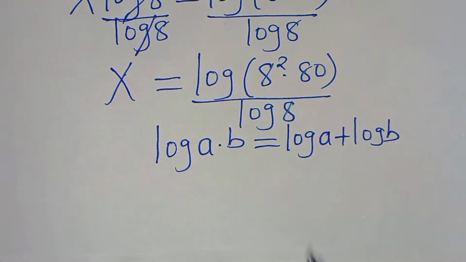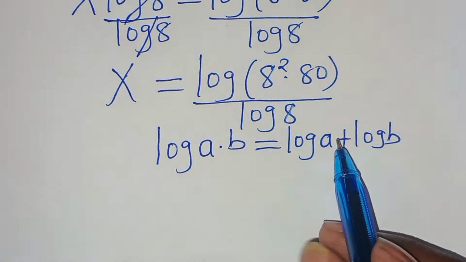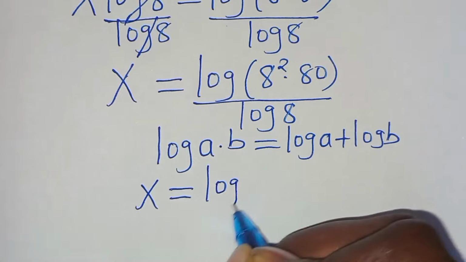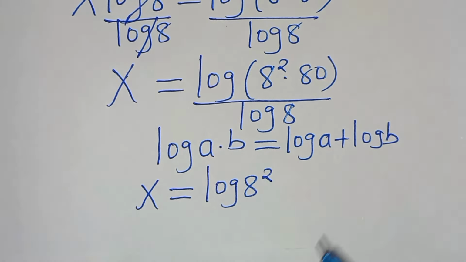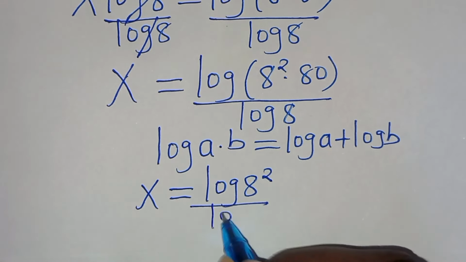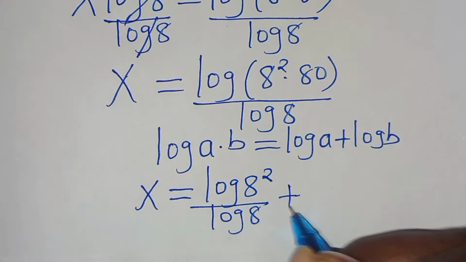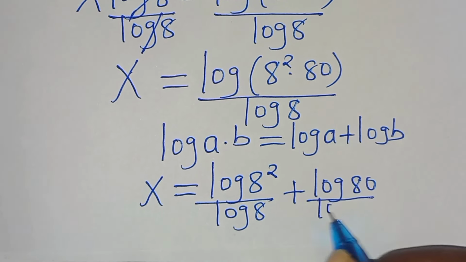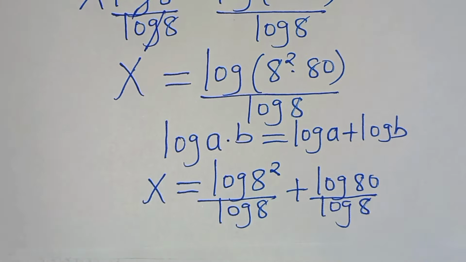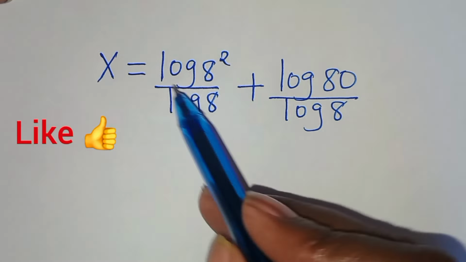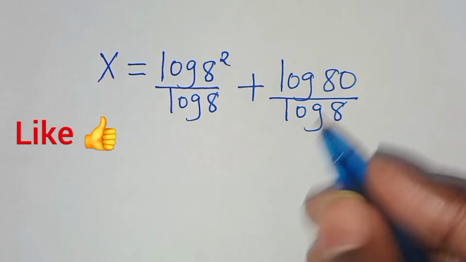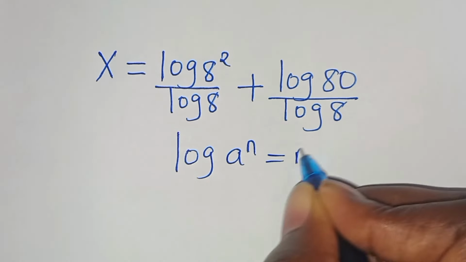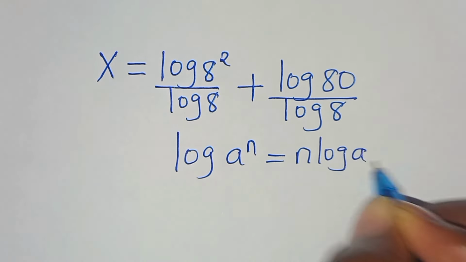Now, applying this logarithm property, then here we have x is equal to log 8 to the power of 2 divided by log 8, then plus log 80 divided by log 8. Now we have log 8 to the power of 2. This is in the form of log a to the power of n, which you can express as n log a.